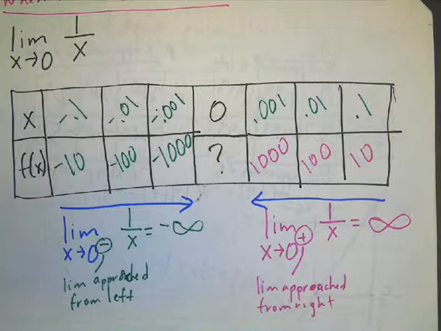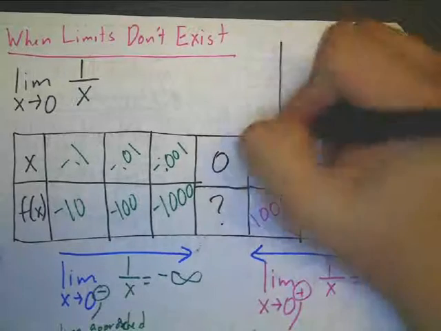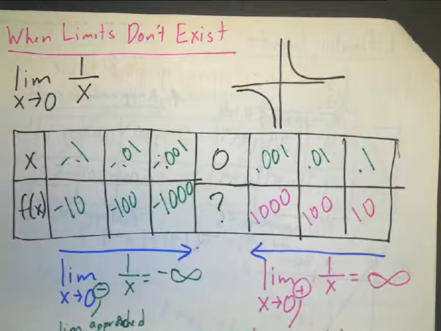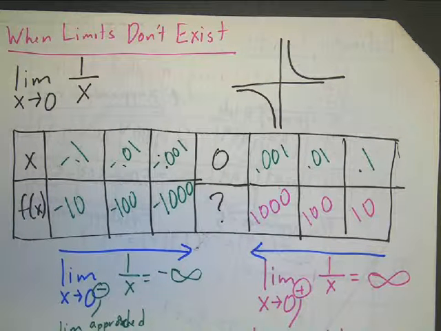If I was driving this way, and I drove that way, would I ever meet my friend at any point? No. I would just keep going off to positive infinity, he would keep going off to negative infinity. So because we're getting two different values when we take the limit from two different sides, we say that this limit does not exist.